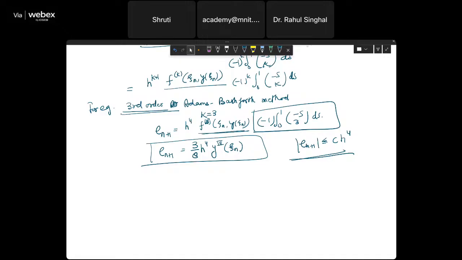Based on that the method will change, and we end up with the implicit method known as the Adams-Moulton method. I am going to make use of the steps I have already written for the Adams-Bashforth method, and I will let you know where the changes come, and accordingly we will write down the Adams-Moulton method.